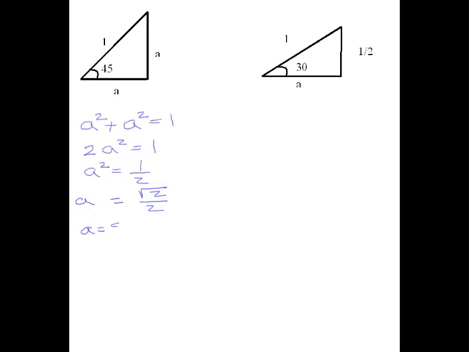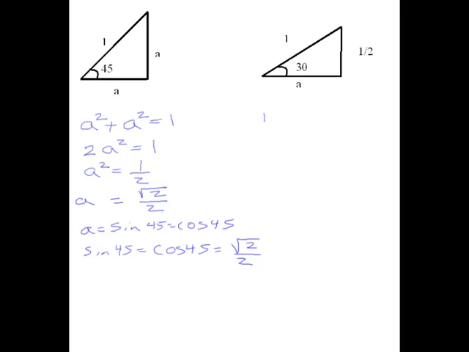But the cosine of 45 degrees is equal to a, the adjacent side, and the sine of 45 degrees is equal to a, which is the opposite side. So I've just proved that the sine of 45 degrees is equal to the cosine of 45 degrees, and they're both equal to the square root of 2 over 2, as I had in my table.